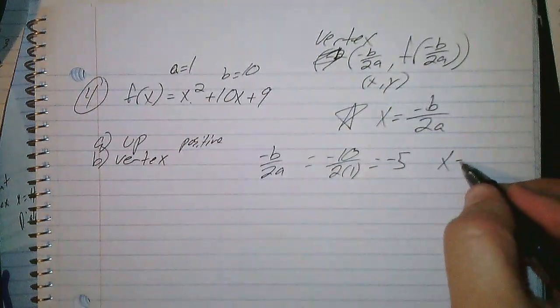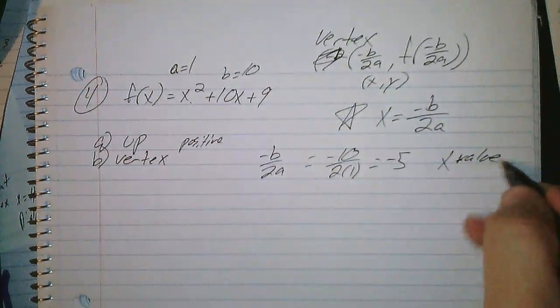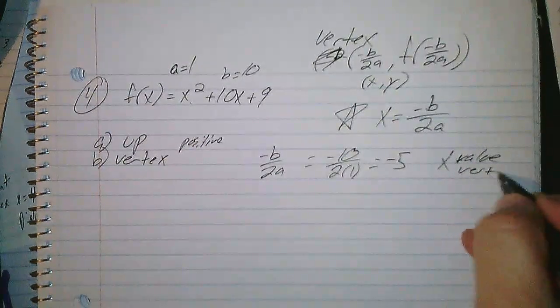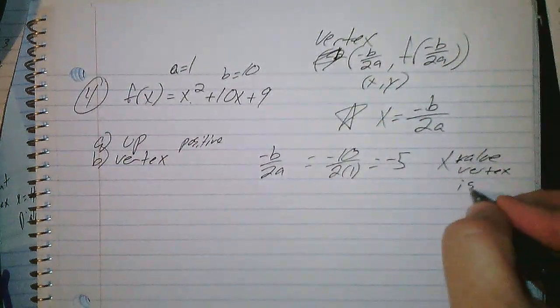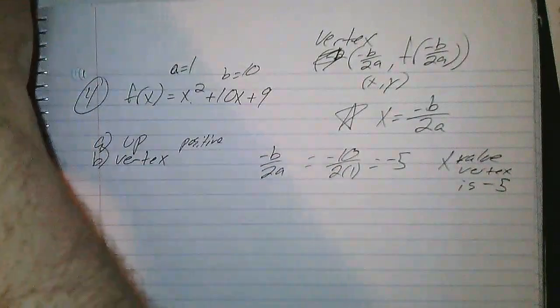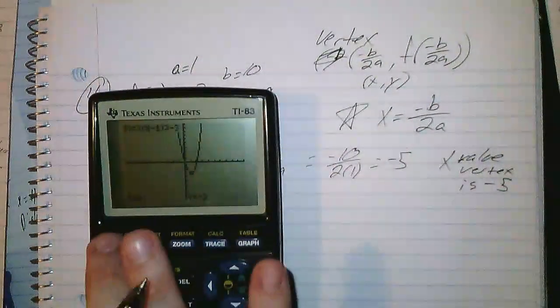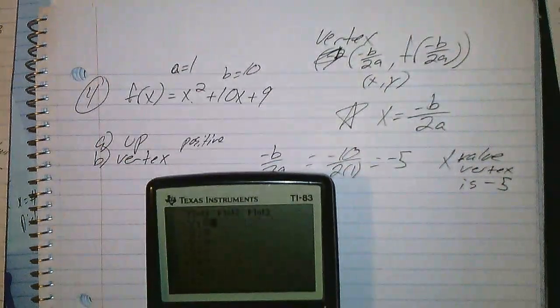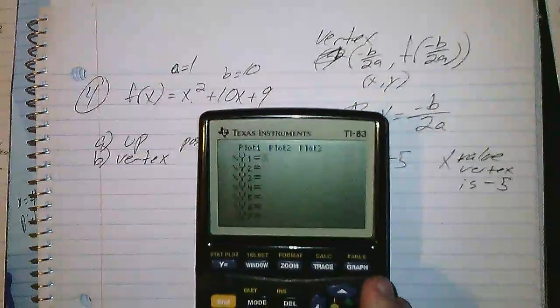What I want you to understand is that the x value of the vertex is negative 5. Because if you can find that, then we can find everything else in the calculator.